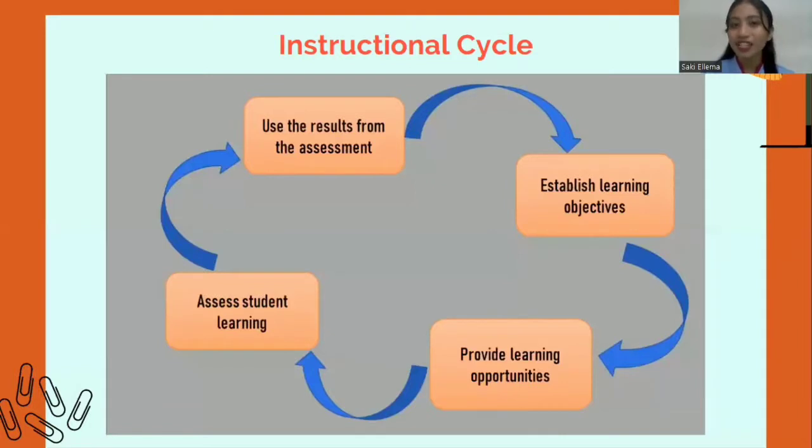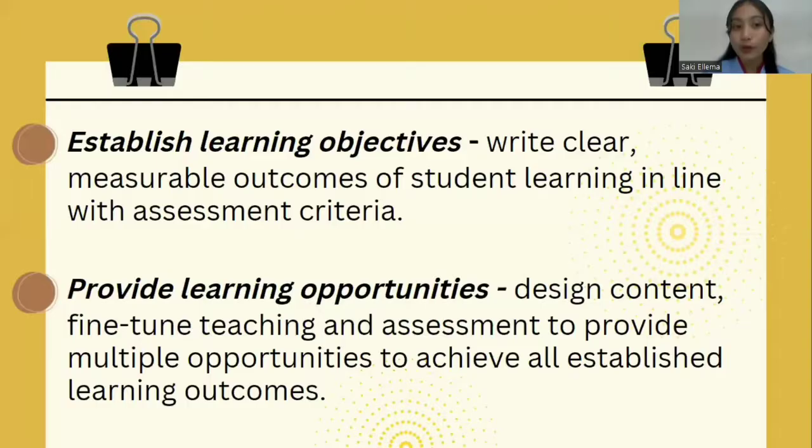So I have here the instructional cycle of constructive alignment. First, we have establish learning objectives. We have provide learning opportunities, assess student learning, and lastly, use the results from the assessment. When we say establish learning objectives, we should write clear, measurable outcomes of student learning in line with assessment criteria.